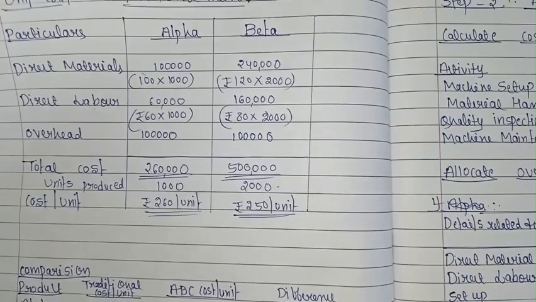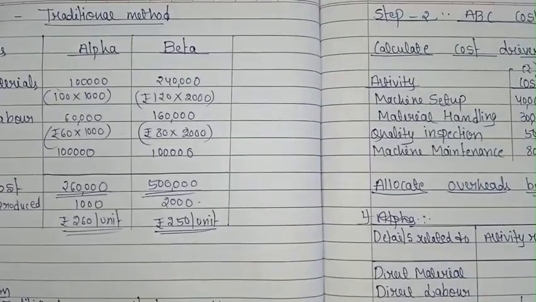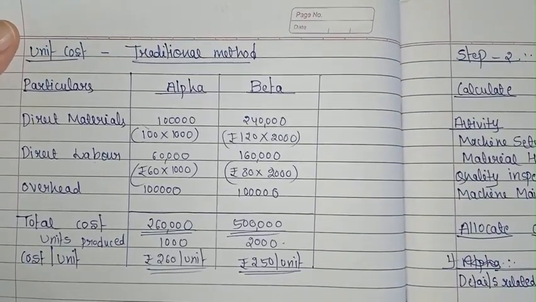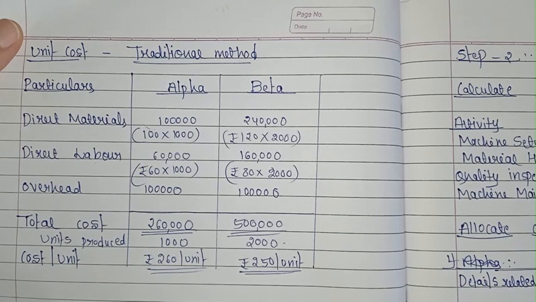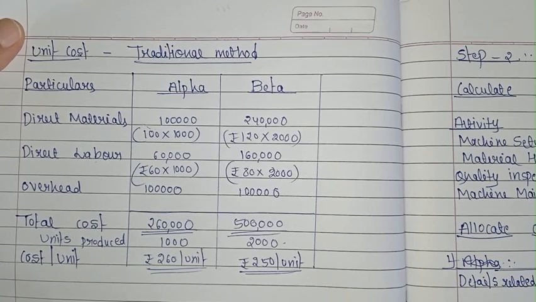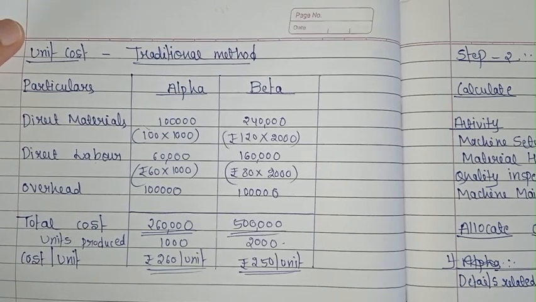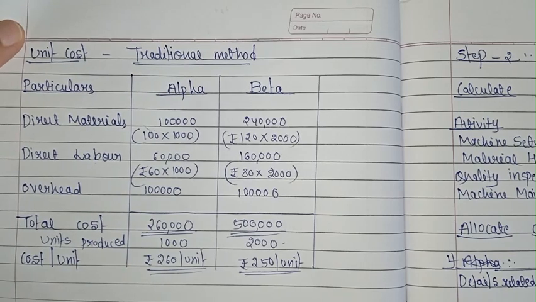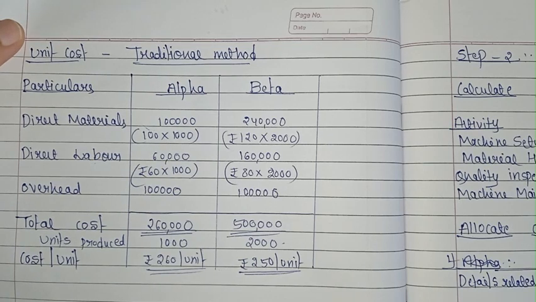We have computed cost per unit under the traditional method and under ABC costing. The traditional method is useful when the company is producing similar products, like the same size. But ABC costing is used by organizations that produce many products, because it gives accurate results. Clear? So the ABC method gives a more accurate and fair allocation based on actual resource usage.